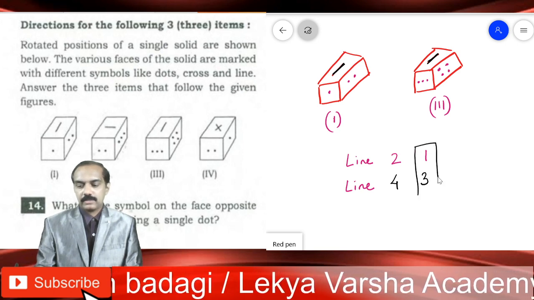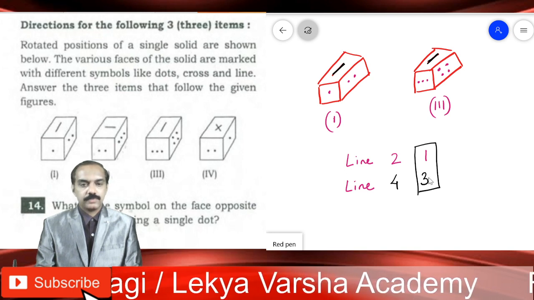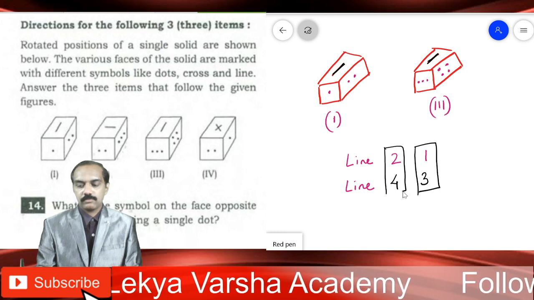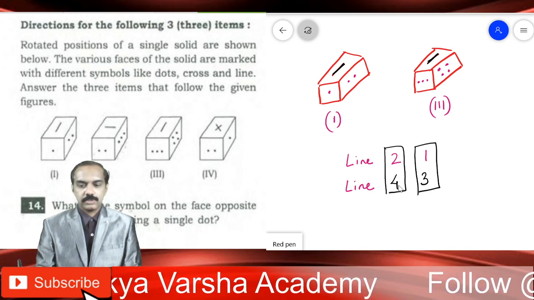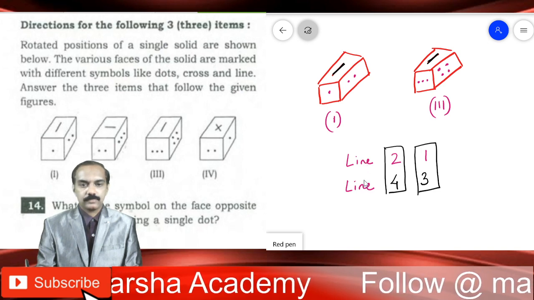So 1 and 3 will be opposite faces, opposite to each other, and 2 and 4 are the opposite faces, and line, line, right?